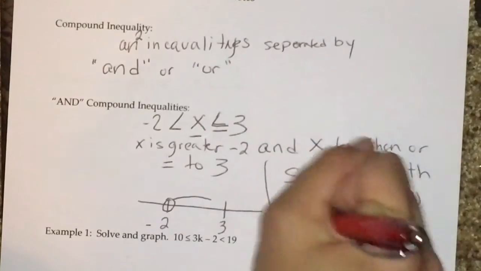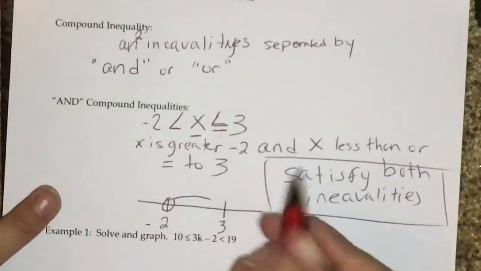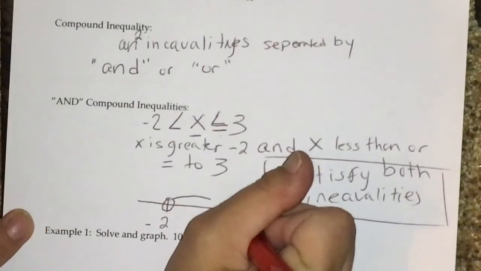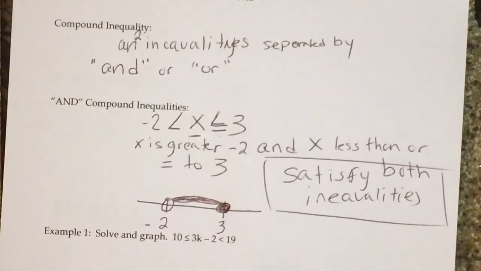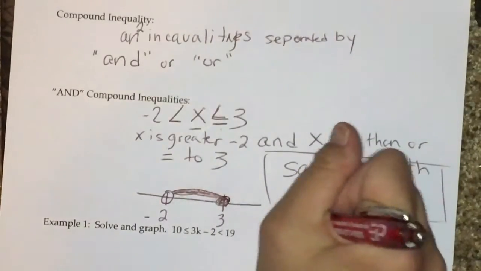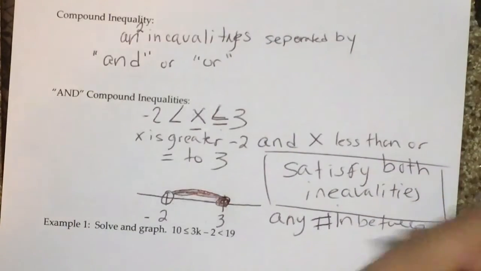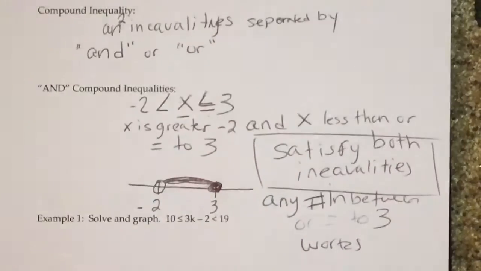Anytime you see the word and, it means it has to satisfy both inequalities. So x can be greater than -2 and less than or equal to 3. So this would be going this way, and they would kind of overlap here in the middle. Okay, it does not keep going, it stops, because it has to be between -2 and then less than or equal to 3. So any number in between or equal to 3 works for this inequality here.